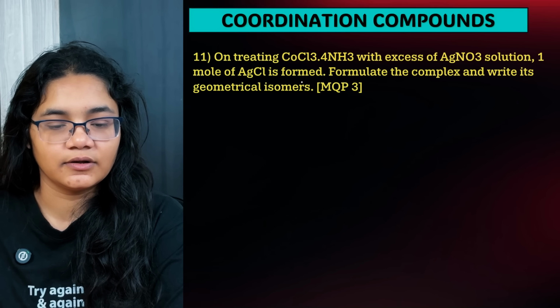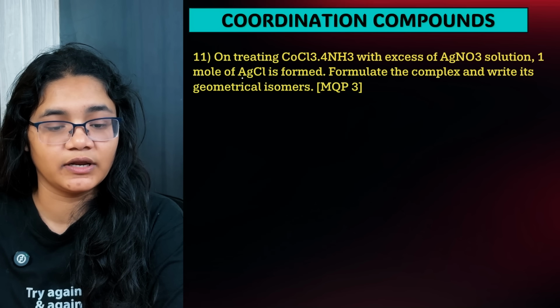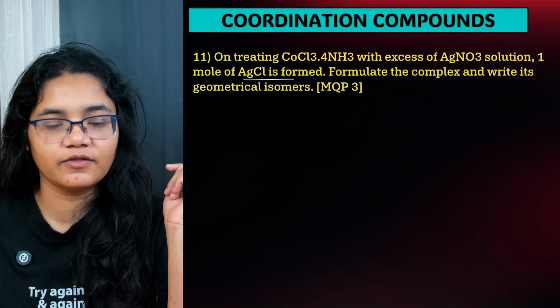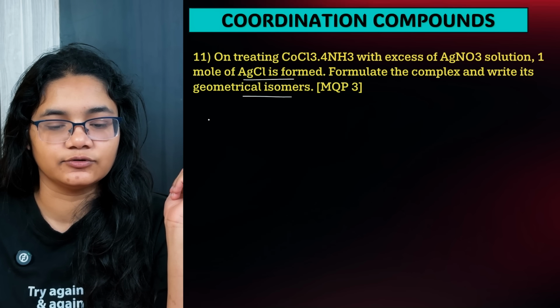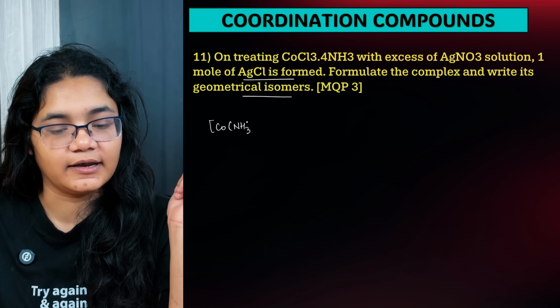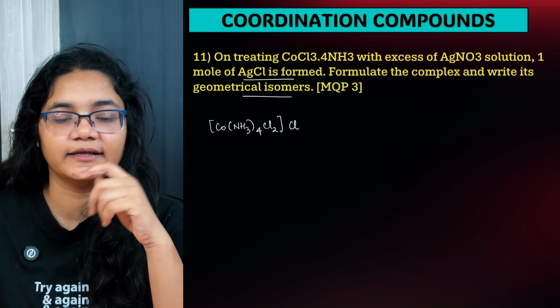Next, on heating CoCl3.4NH3 with excess of AgNO3, 1 mole of AgCl is formed. So 1 chlorine will be outside. Write the formula of the complex and its geometrical isomers. So the formula of the complex will be [Co(NH3)4Cl2]Cl, and 1 chlorine is outside.